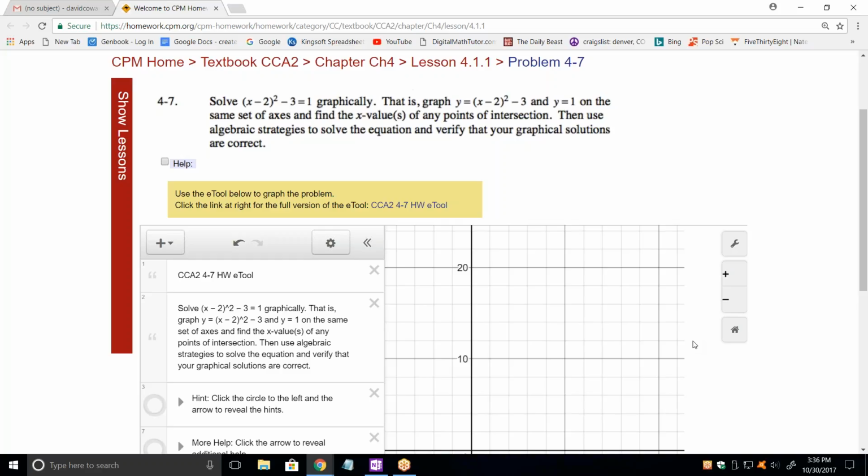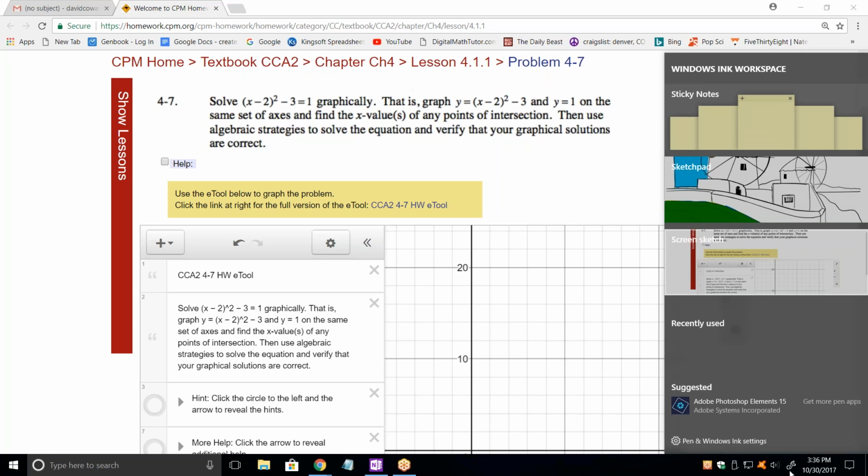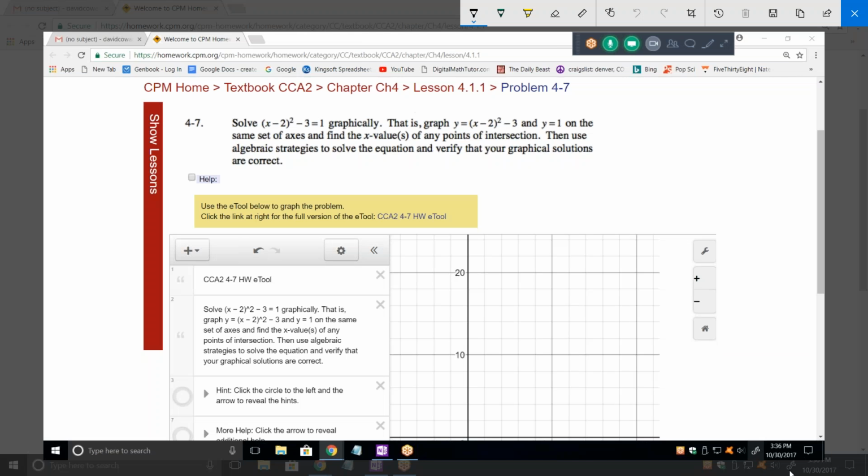So let's do what they suggested. Let me take a picture of this. Always follow their hints. So how do we graph that right there? First of all, what kind of graph is it? What's it called?